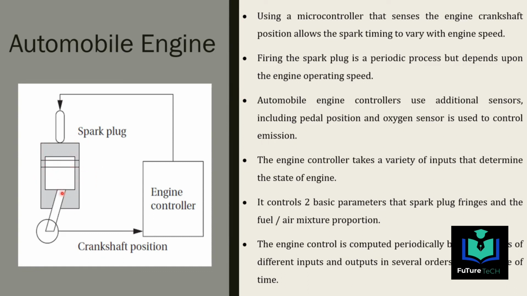And also when you are doing this, the oxygen level as well as the fuel ratio should be maintained carefully. Okay, so everything is sensed by means of the engine controller. The engine controller is sensing the oxygen sensor as well as the spark and the crankshaft position. Okay, so that is what we call multi-rate systems.